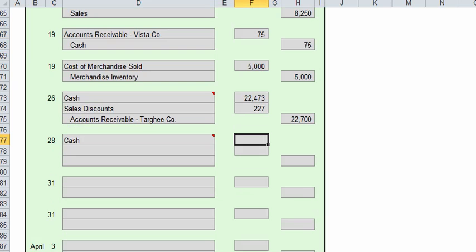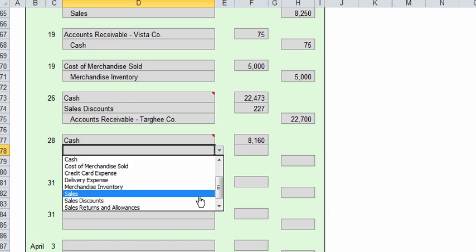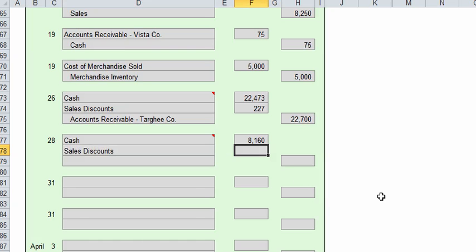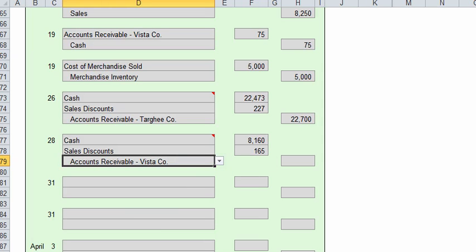So we'll debit cash to increase the asset for $155.85. We'll debit sales discounts, the contra revenue account, to increase its balance by the amount of the discount. Was that $1.65? Yes. And then we'll credit accounts receivable Vista Company. Now this is a little tricky.